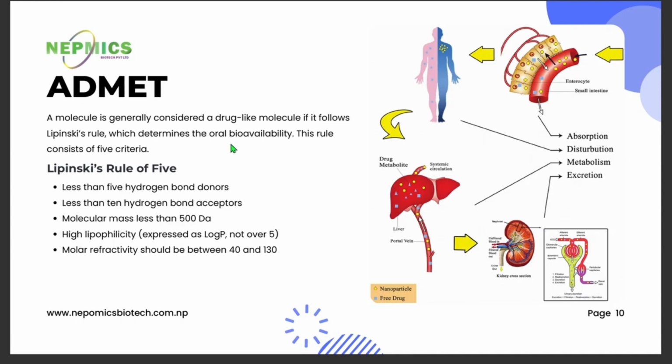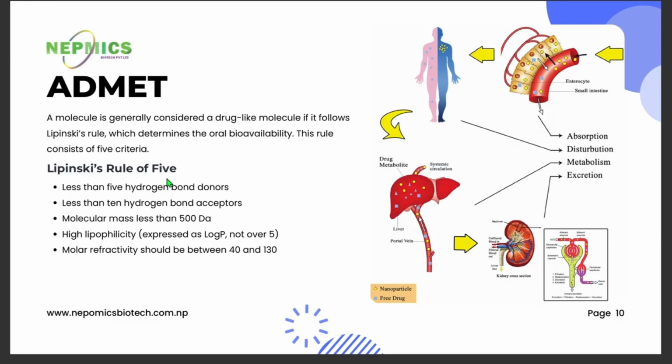So for any molecule to be considered as a drug, different guideline values have been given. Among them, Lipinski rule of 5 is one of them. It has 5 different guideline values. If any compound or drug molecule follows Lipinski rule of 5, then it is considered as a drug.